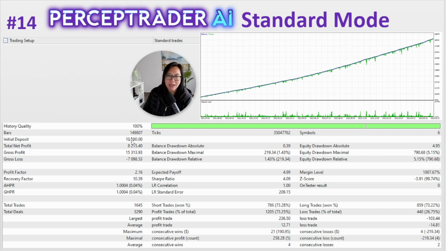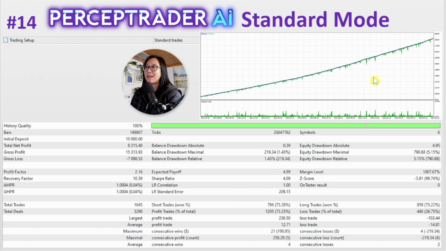So the ratio between profit and drawdown has increased slightly, to about 10.5 or 11. If you are trading your own account, it would be okay to use standard mode. However, if you're using this on an FTMO or trading for someone else or some other corporation, then I would definitely recommend using unique mode because you don't want to be flagged for copying someone else's trades.